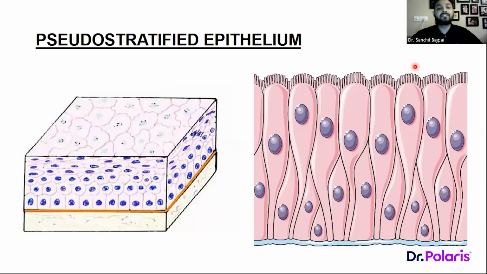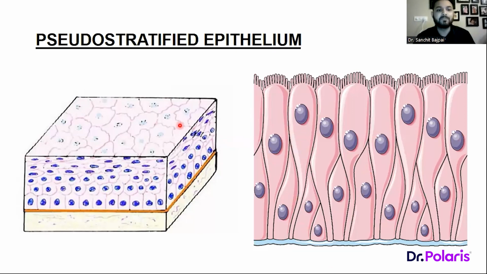Now comes the third variety, that is pseudo-stratified epithelium. Now, if you just put the same logic of stratified, what do you mean by stratified epithelium? Multiple layers. So multiple layers of epithelium is called stratified. But why is pseudo here? Pseudo means false. That means I am seeing under the microscope and it seems that the cells are multiple layered. But actually the cells are only single layered. They are only single cells.